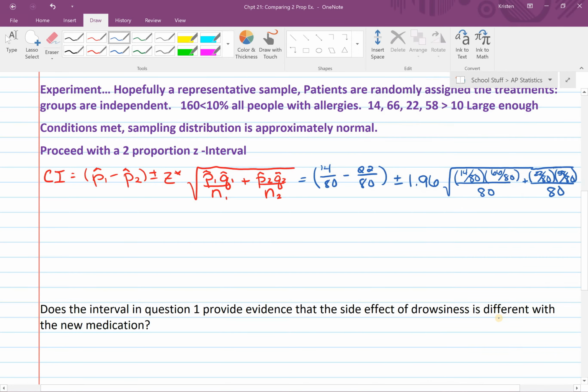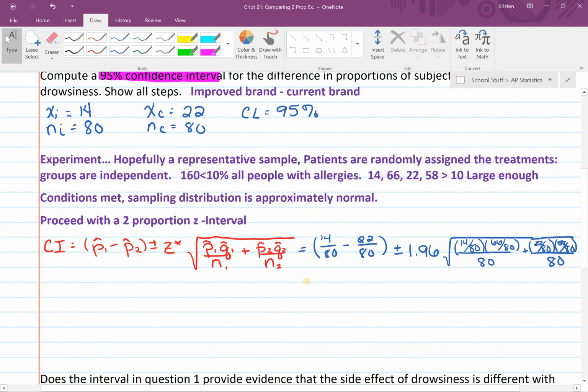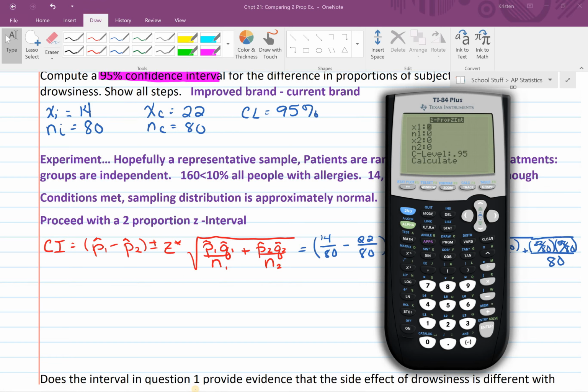Again, I'm going to type in all the numbers as I have them here: 14 successes out of 80, 22 successes out of 80, and a 95% confidence level. This gives me everything that I need to complete it. But notice it doesn't give me the formula. It doesn't even give me the actual value of my standard error. All it gives me is the confidence interval itself, which is what we're looking for here.